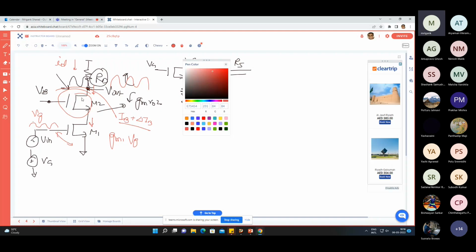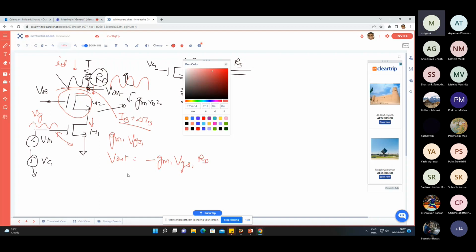Therefore, the small signal current flowing into the RD is given by GM1 VGS1, and multiplied by RD, the V out is simply going to be minus GM1 VGS1 into RD. That's all.